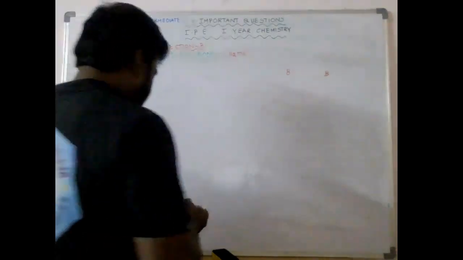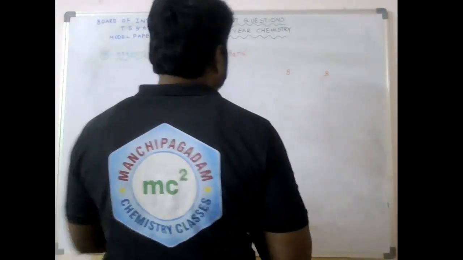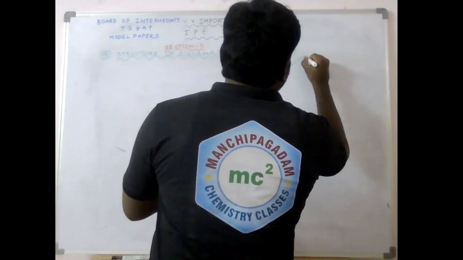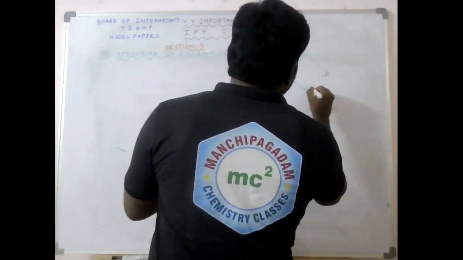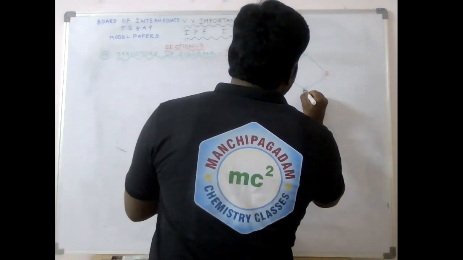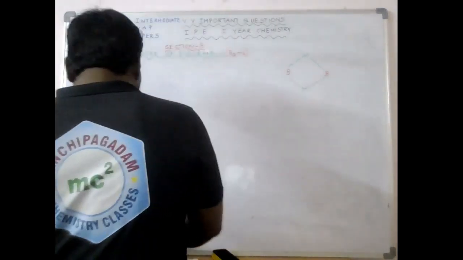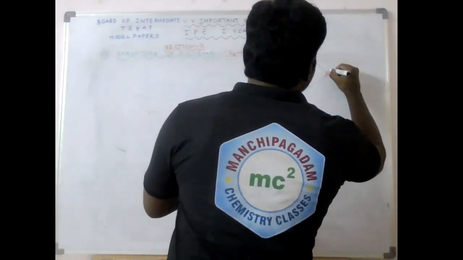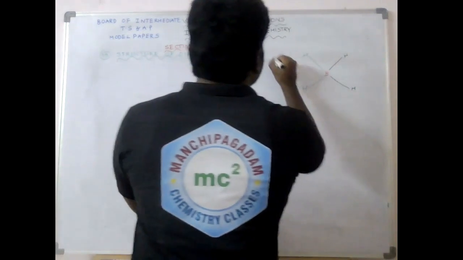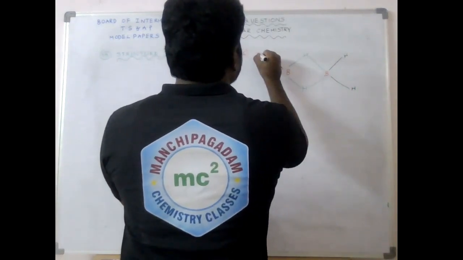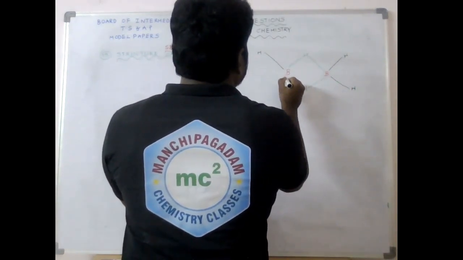Just now I told you for which hydrides this is an example: electron deficient hydrides. Okay, B2H6. So two borons are there, and here hydrogens. Total how many hydrogens are there? Number of hydrogens is 6. Here one hydrogen, here one hydrogen, here one hydrogen, and here also one hydrogen.